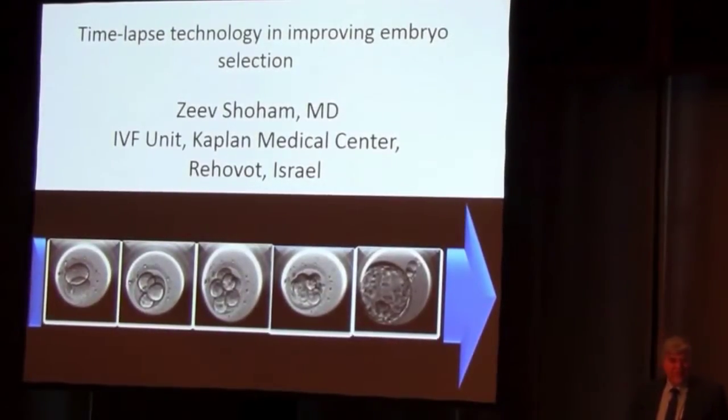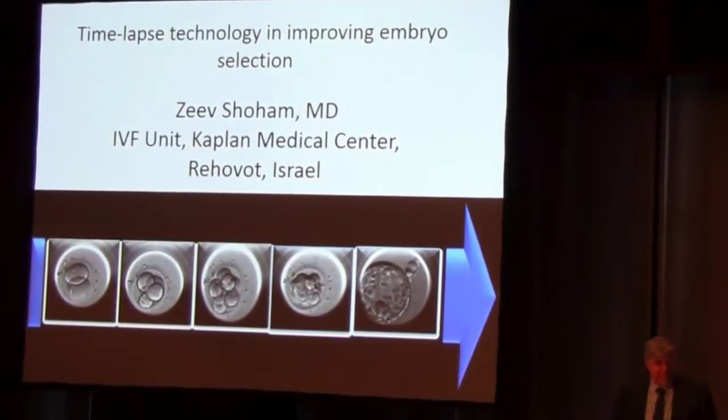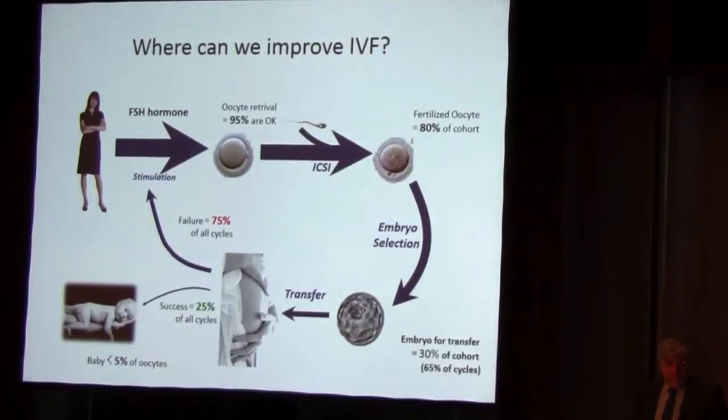I'm a clinician, and I'll try to look at how we can improve pregnancy rate in IVF using the time-lapse system. So where can we improve the IVF? IVF we have been doing for the last 35 to 40 years. It's become a very simple procedure.